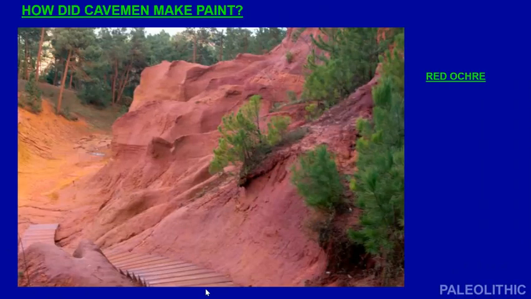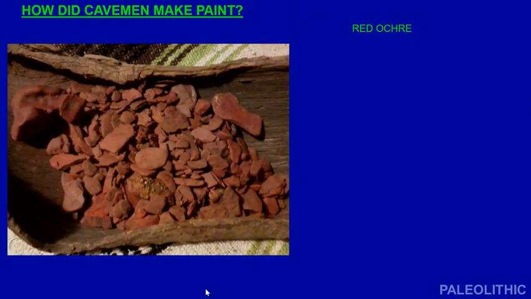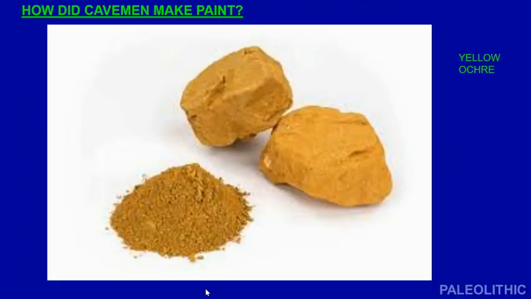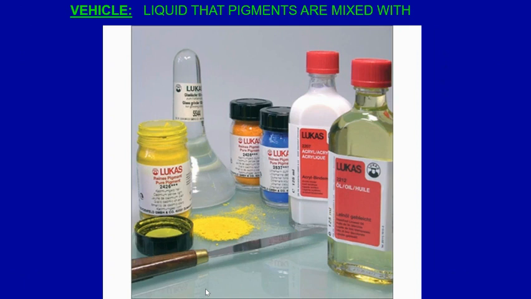Paint is made from pigments, or finely ground color powders, mixed with liquid for paint. So the Paleolithic artists used red ochre to make their paints and yellow ochre to make their paints. And so you can discuss that if this is one of your artworks. And the vehicle is the liquid that the pigments are mixed together with. So for oil paint, it would be oil that is mixed with the pigment to make paint.